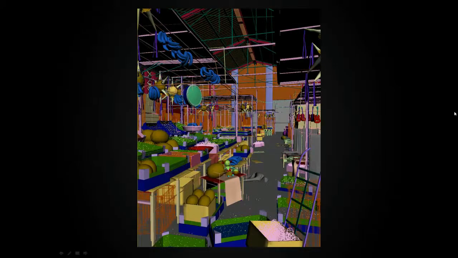The next advice comes to talk about the organization of your assets. As you can see in the scene, there are millions of polygons and there are hundreds or thousands of objects. And as you can see, this should contain a lot of textures, a lot of channels, a lot of properties, and you should be aware of that.